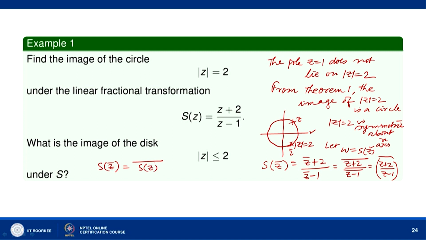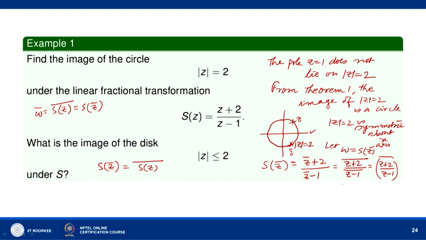Now, what does it mean? S(z) equal to w. So, what do you notice? w conjugate is equal to the conjugate of S(z), which is equal to S(z conjugate). So, if z goes to w, then z conjugate goes to w conjugate. This means that if w lies on the circle, then w conjugate also lies on the circle.